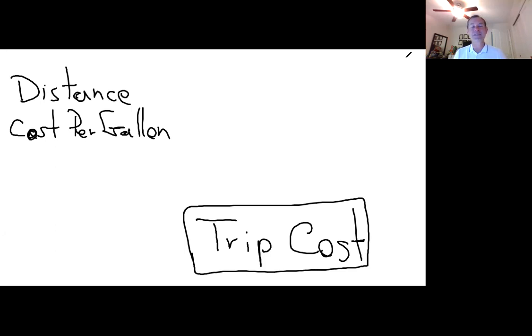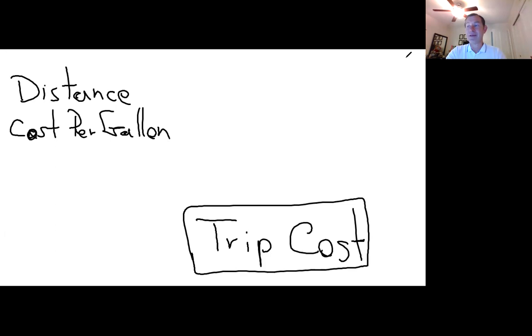So we need the cost per gallon. I need the distance traveled. What else do I need to know? The miles is the distance. And very good.